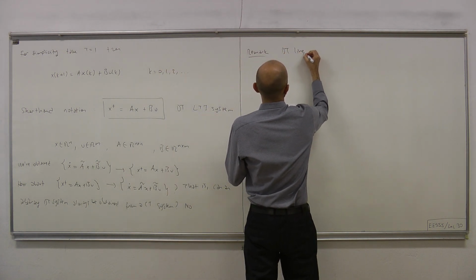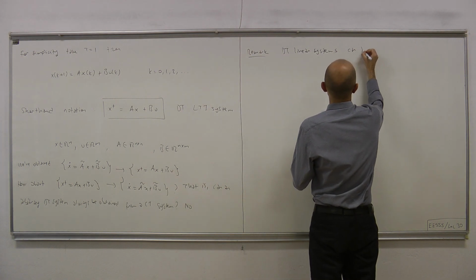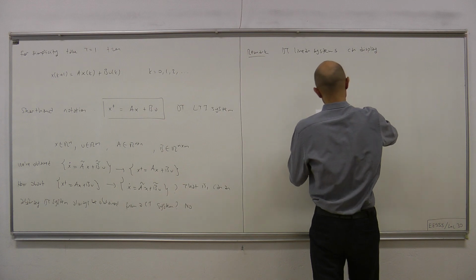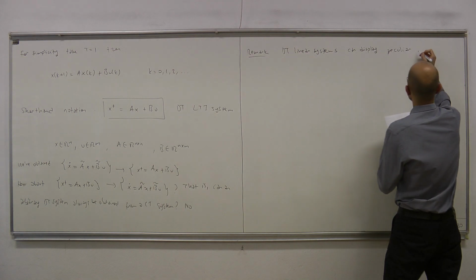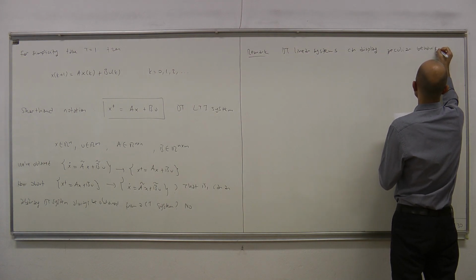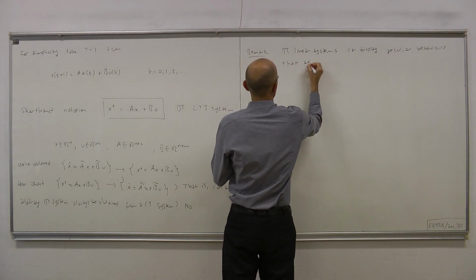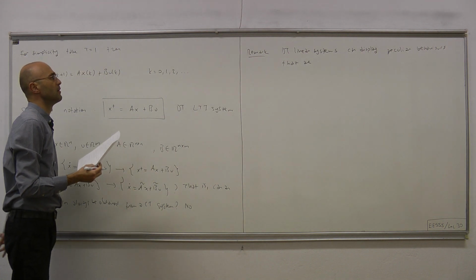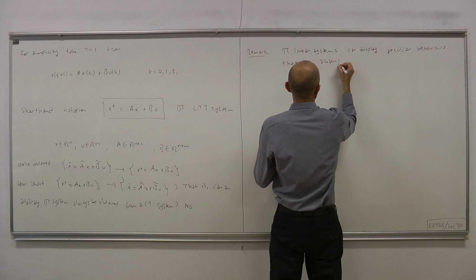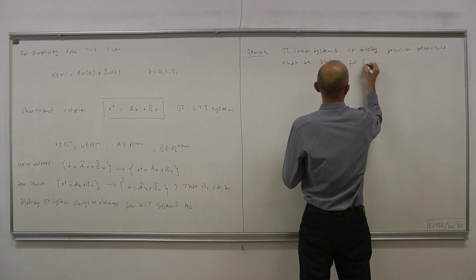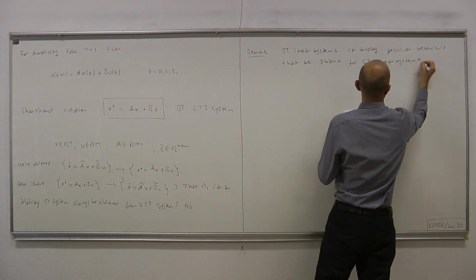Remark: discrete time linear systems can display peculiar behaviors that are not observed in continuous time, that are absent for continuous time linear systems.